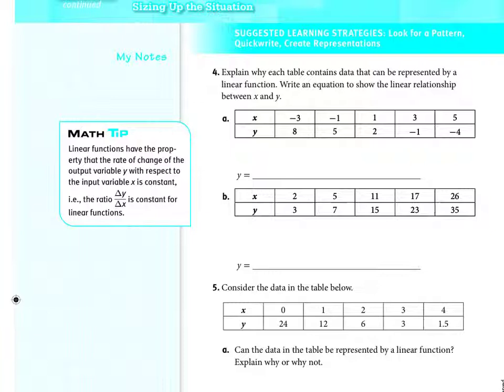Now, linear functions, remember, linear functions have a constant rate of change. The change in y over the change in x is constant. So let's look at these tables. From 8 to 5, we're going down 3, and we're adding 2.